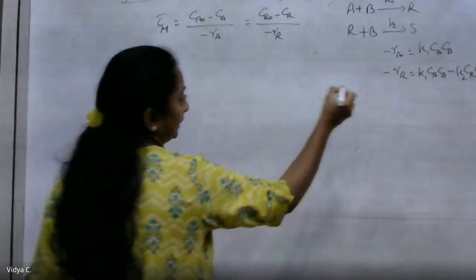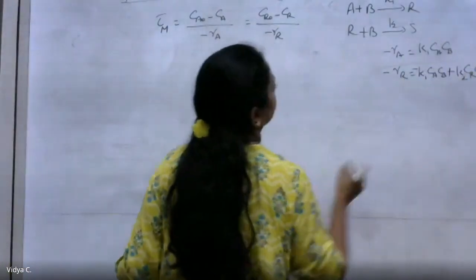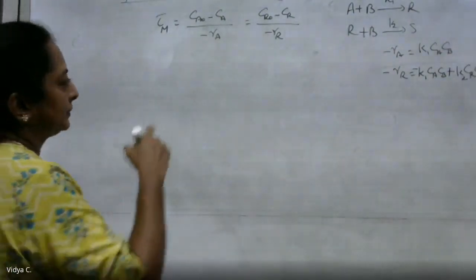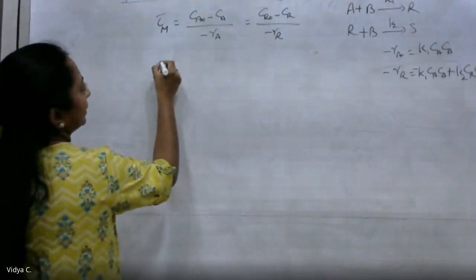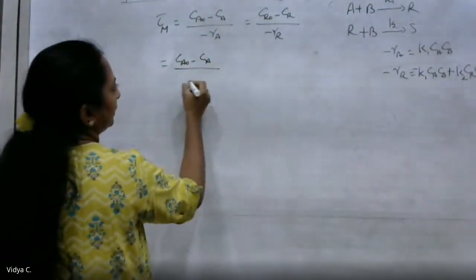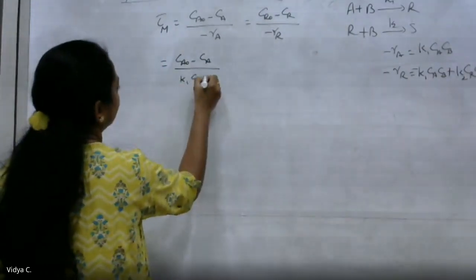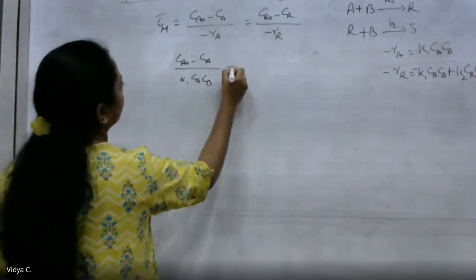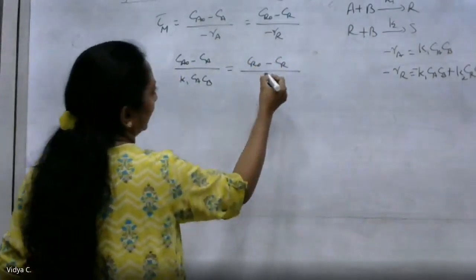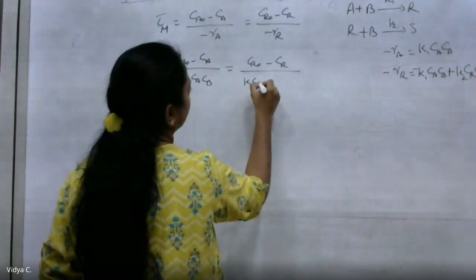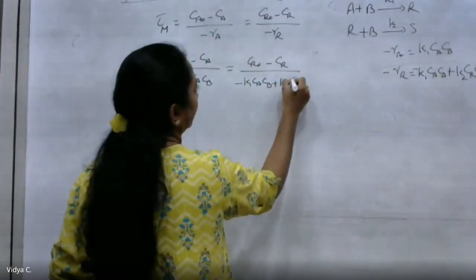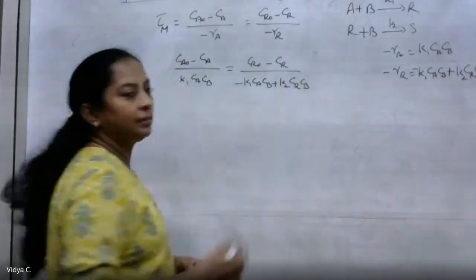Oh, it is minus RR, right? So this is plus. Minus RR I am taking. Previously I wrote that as plus RR. Okay. So minus RR. So now this will be CA naught minus CA by minus RA is K1 CA CB. This will be equal to CR naught minus CR by minus RR, which is K1 CA CB plus K2 CR CB.